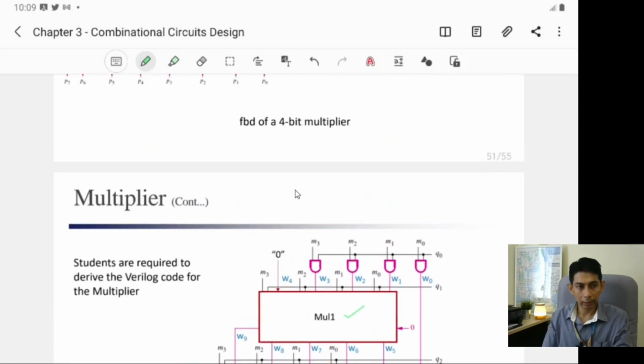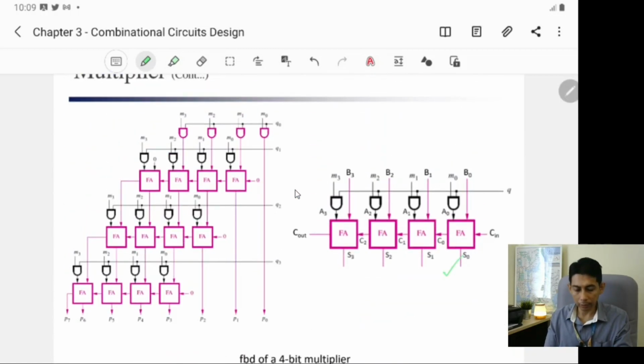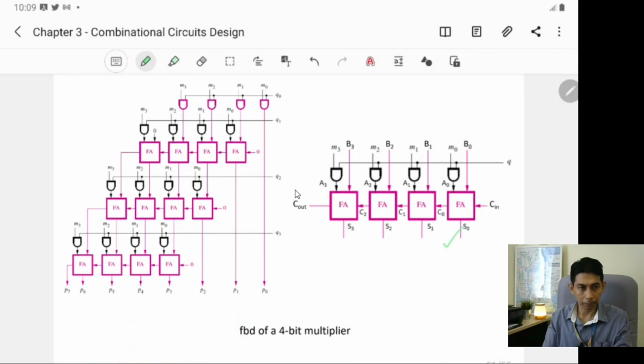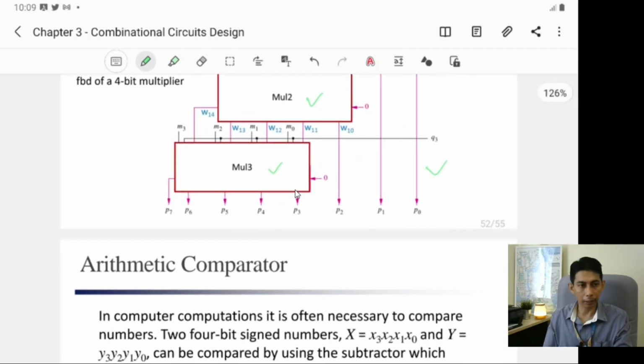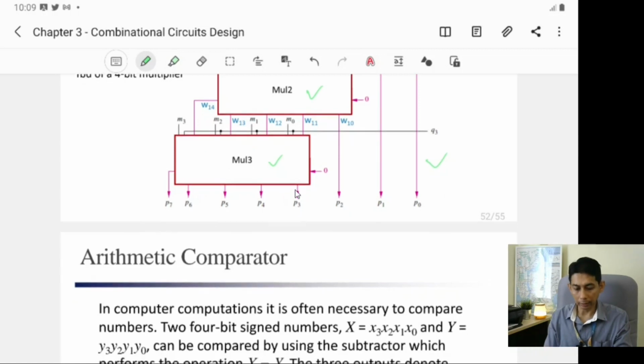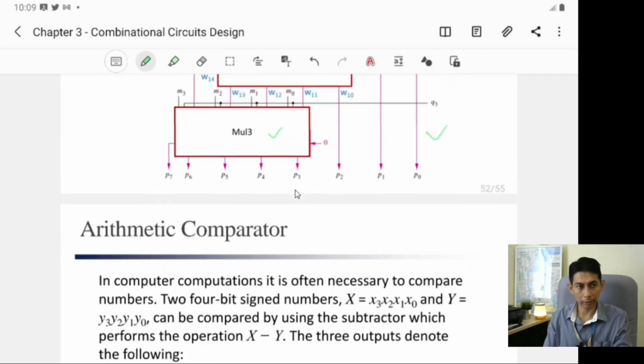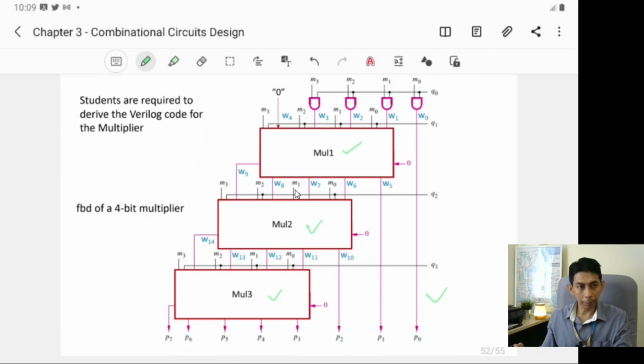Actually, you can do this. If you can do this, then there should be no problem for this. All right, we can discuss anytime. We can have one session, for example, using WhatsApp, or maybe Google Meet if you want to discuss about this. All right, so that will be the multiplier. Any question?